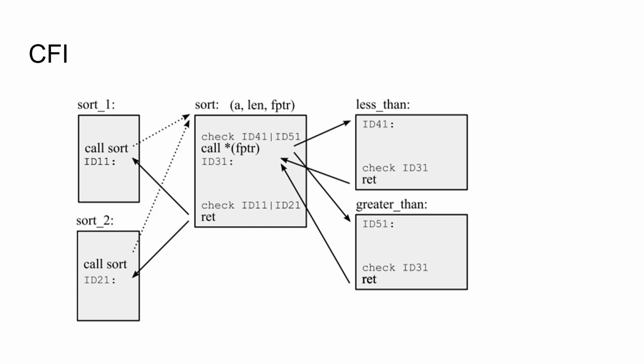And if all of these checks are enforced, the attacker will have a hard time diverting the control flow to any arbitrary instruction. It can only target legitimate call sites with returns and legitimate functions with the indirect calls.